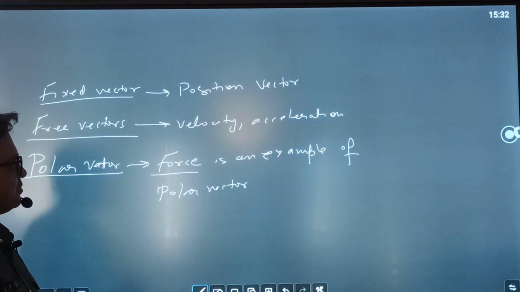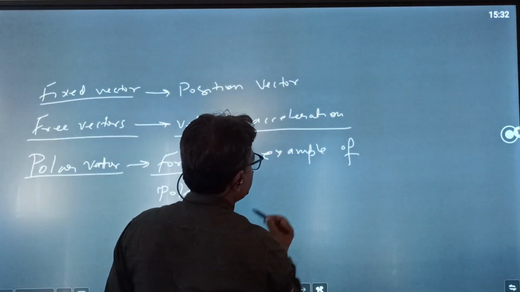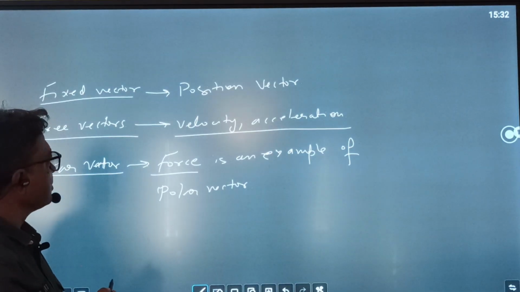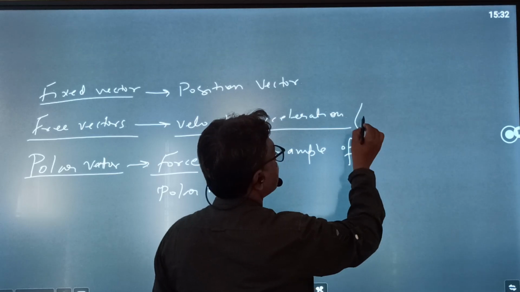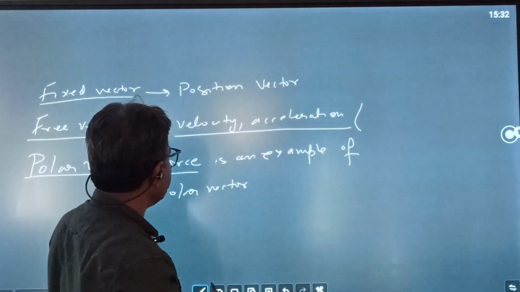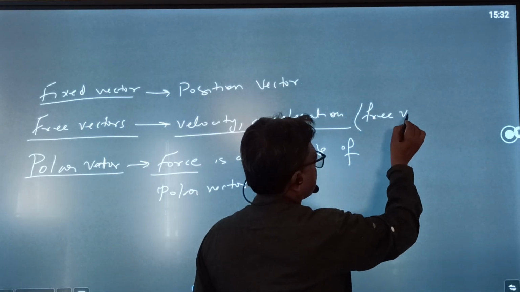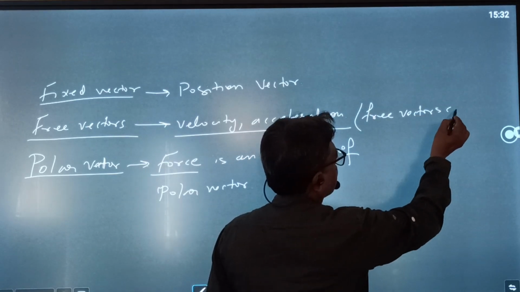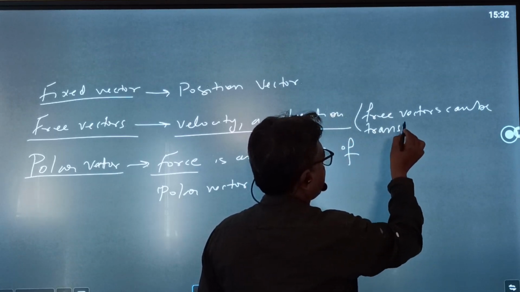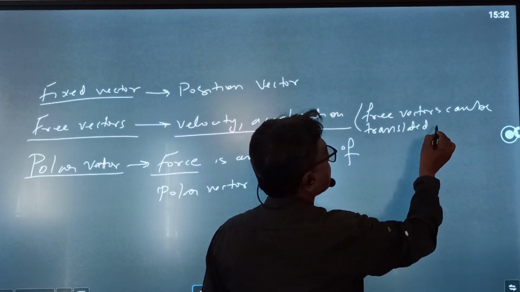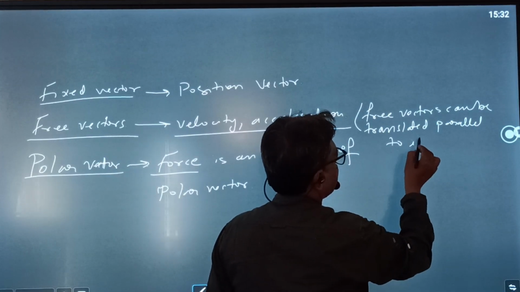Free vectors means those vectors which can be translated parallel to itself. This is an important line that we should learn about free vectors. Free vectors are those vectors which can be translated parallel to itself.